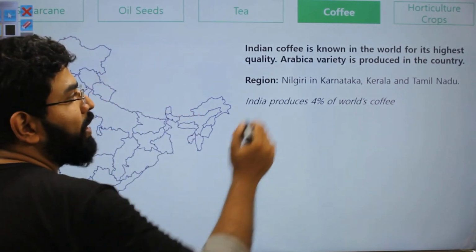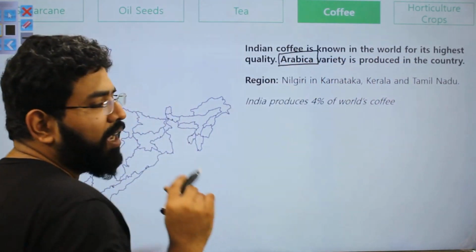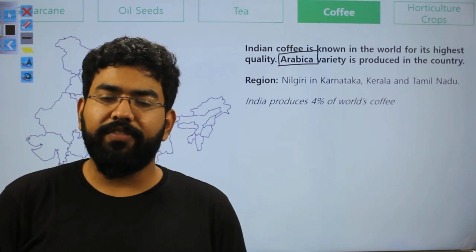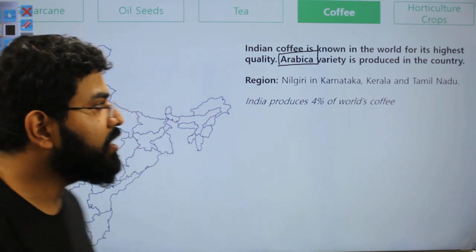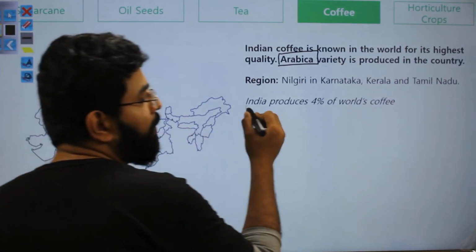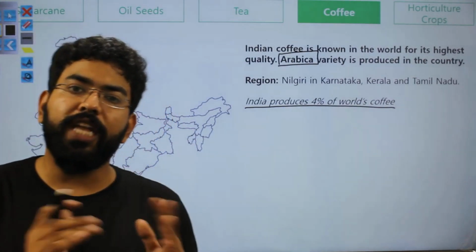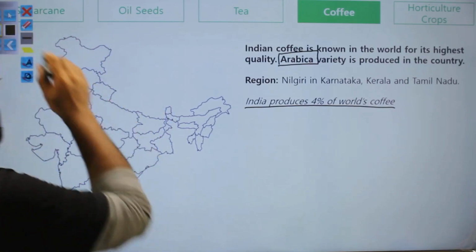Indian coffee, especially the Arabica variety, is world famous. It is sold at a very high price and is of very high quality as well. India produces 4% of the world's coffee. In terms of tea, India is the largest producer of tea and the largest consumer as well.